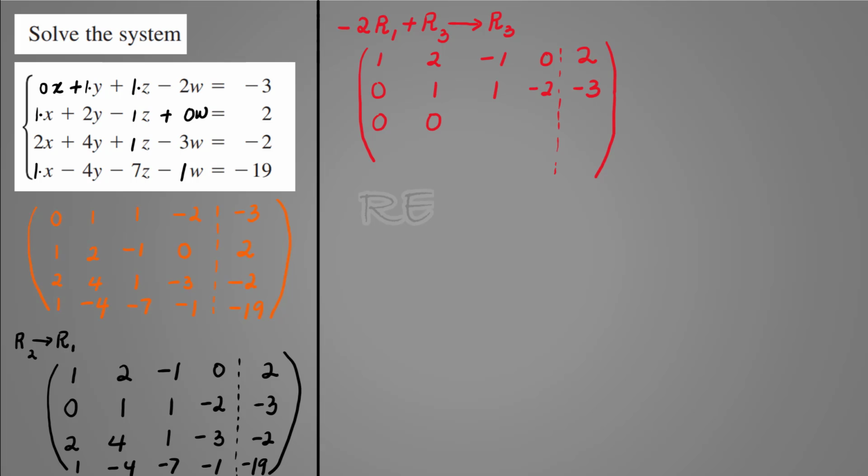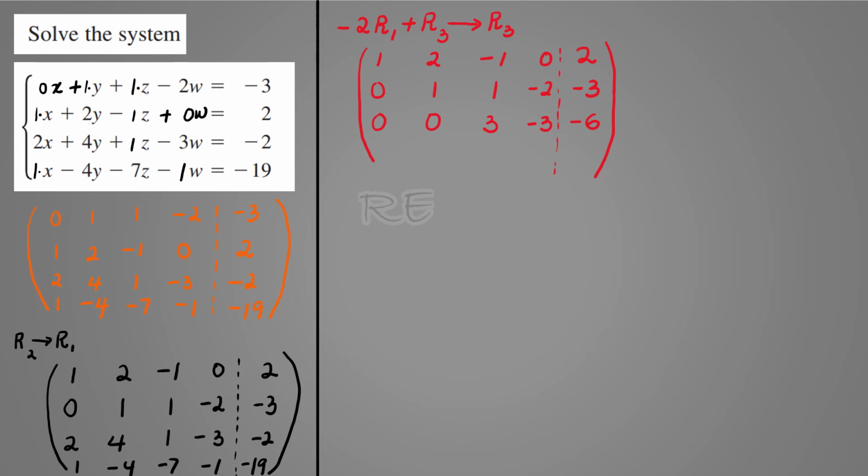Negative 2 times negative 1, positive 2 plus 1, 3. Negative 2 times 0, 0, minus 3, minus 3. Negative 2 times 2, negative 4, plus negative 2, negative 6.